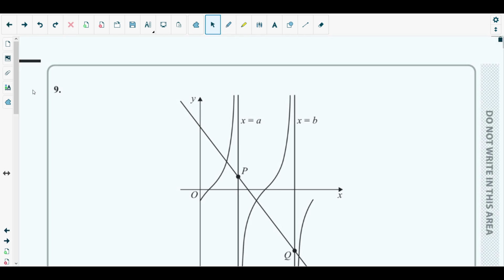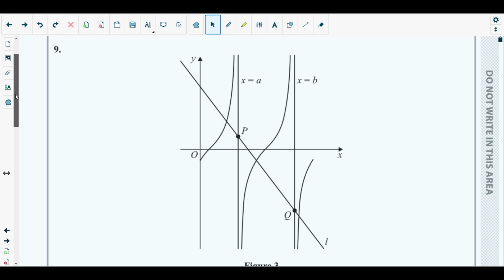The concepts behind it are discussed in chapter 6, that is trigonometry, and also chapter 7, the radians chapter, because you need to deal with angles in radians here. To be more specific, you need concepts of trigonometric graphs, the graph of tan theta. So let's get started with question number 9.